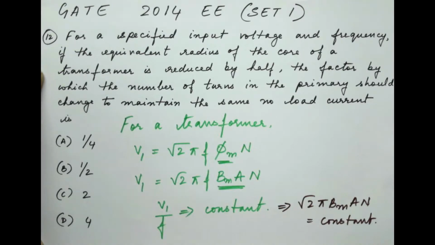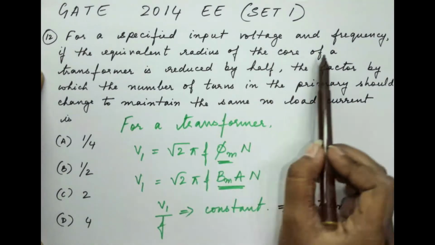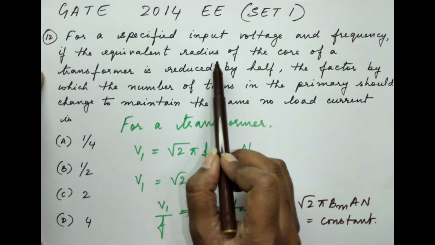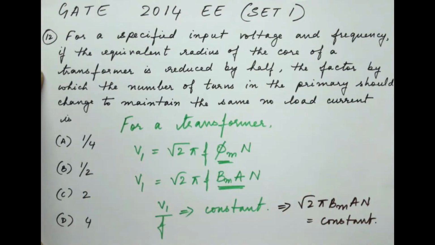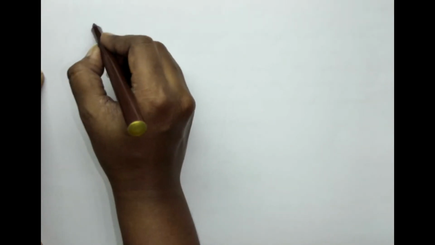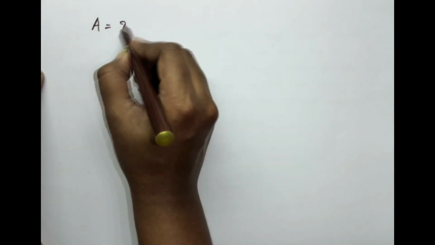Okay? So the next step is to analyze the area of the core, because the question says the equivalent radius of the core of a transformer is reduced by half. So first let's write down what the area of the core would give us. Now the area A can be written as 2 pi RL.